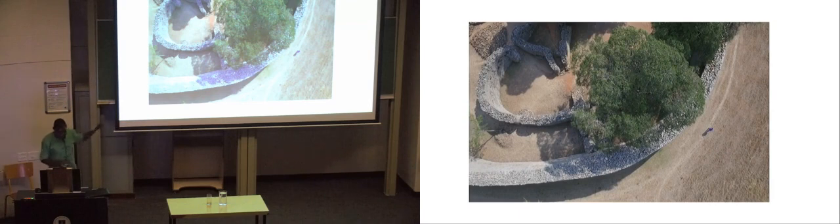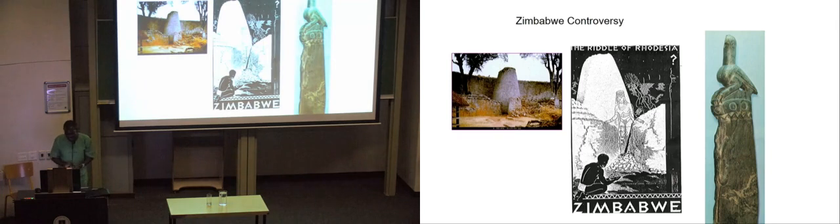So in short, that's just to give you an idea of how Great Zimbabwe looked like before we get into the subject. One of the issues associated with Great Zimbabwe is what is known as the Zimbabwe controversy, which was quite popular from 1874 onward until probably even the 1970s.